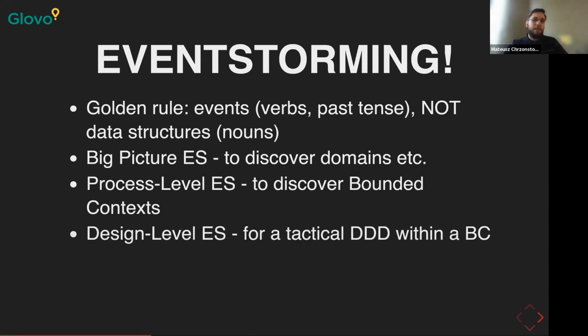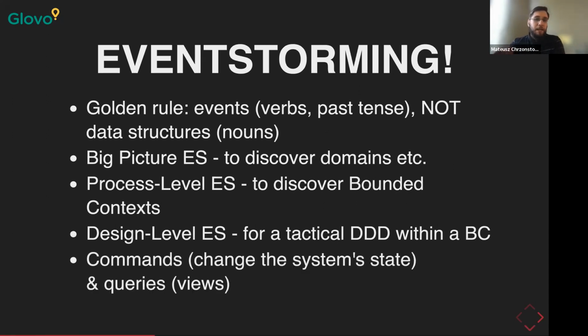And then last but not least, for a particular bounded context, there is design level event storming, where you focus more on building blocks from tactical domain-driven design. In that last part, you are also dividing between the commands and queries parts of the system. There are things which change the system state, which results in events, and there are queries which are just visualization of the events or the state.